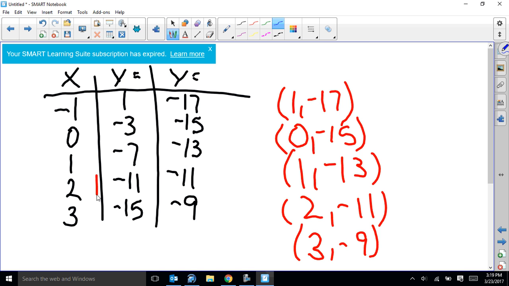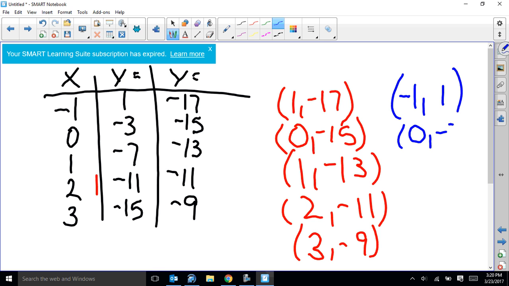So let's go through. Let's write the points for that first equation. What's this point? -1, 1. Like this one, we have a point at 0.